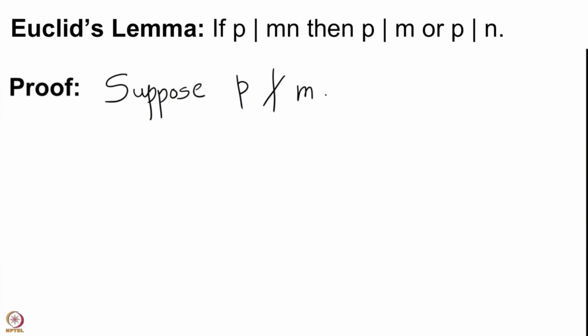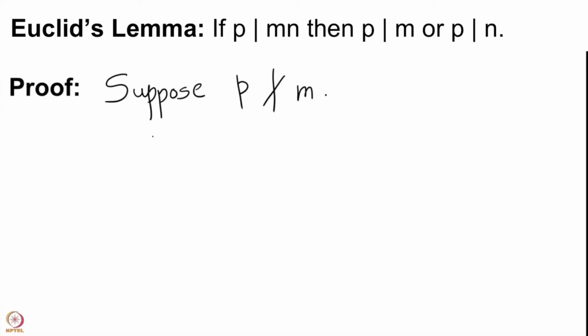If this statement of the lemma has to be true, then p should now divide n, correct? Because our statement says that when you have p dividing mn and p does not divide m, it should divide n. It should divide one of the two, m or n. We have assumed that p does not divide m, then we should prove that p divides n. So, how do we go about that?